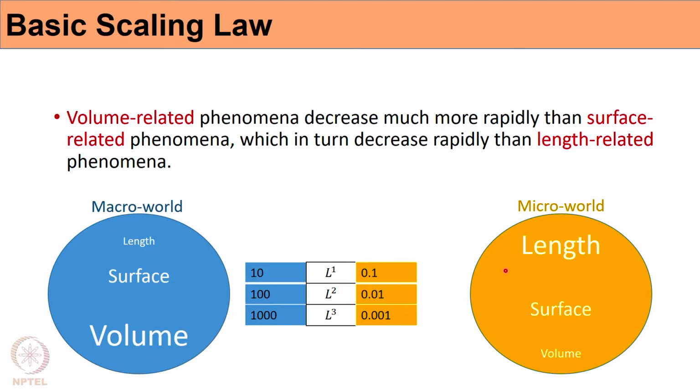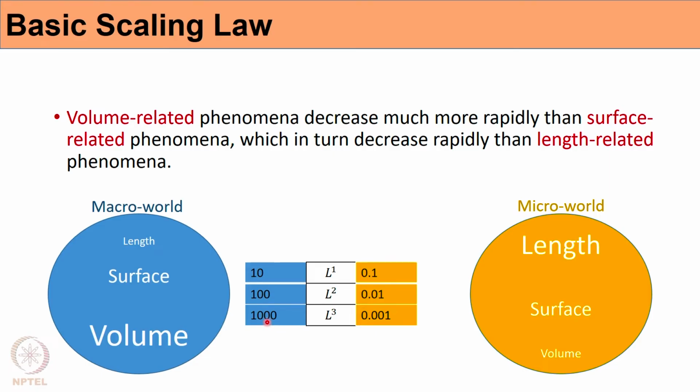So what does it mean? It means that in the macro world, the volume forces can be dominant, right? Because the volume forces go as L cube, so 1000 times higher.